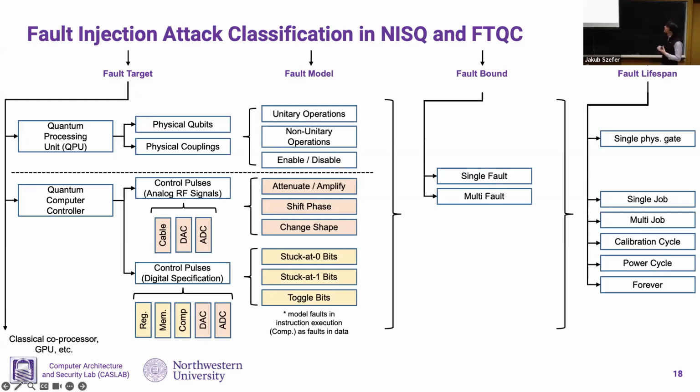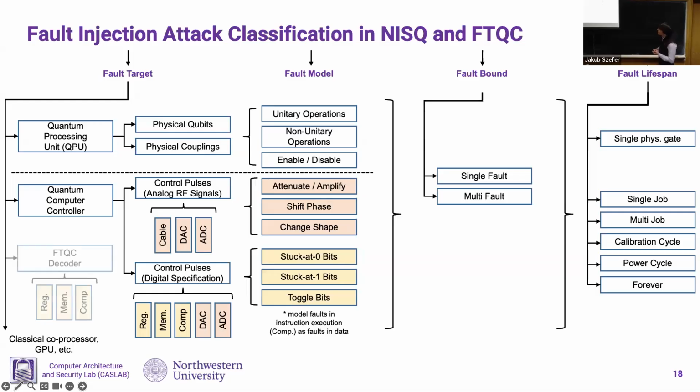In the simplest case, the duration of the fault could be just one physical gate, one quantum gate, or in the extreme case, you just damage something forever. But for the fault, I think the interesting classification in the controller is whether it is really focusing on the analog part or on the digital part of the controller.